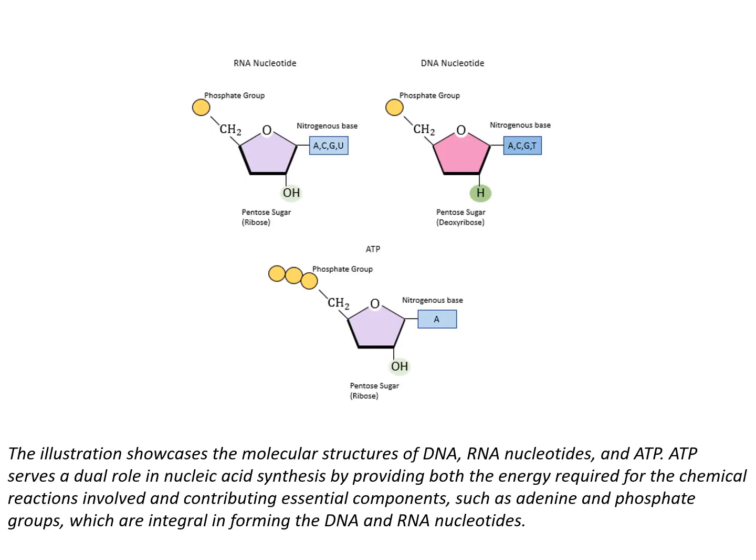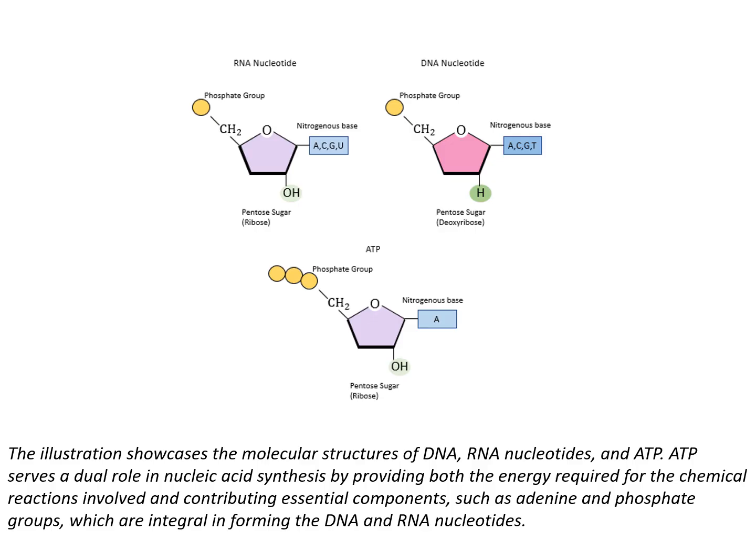This illustration shows the molecular structures of DNA nucleotides, RNA nucleotides, and ATP, a molecule that plays a key role in both energy transfer and nucleic acid synthesis. ATP, or adenosine triphosphate, has a dual role.